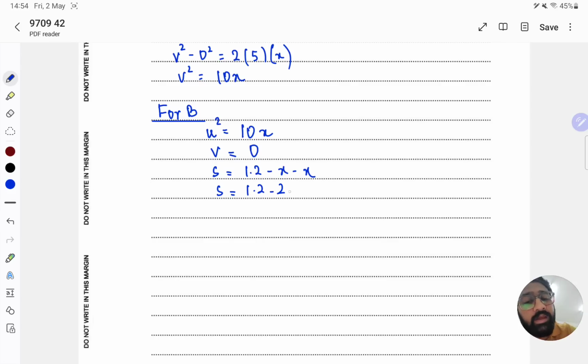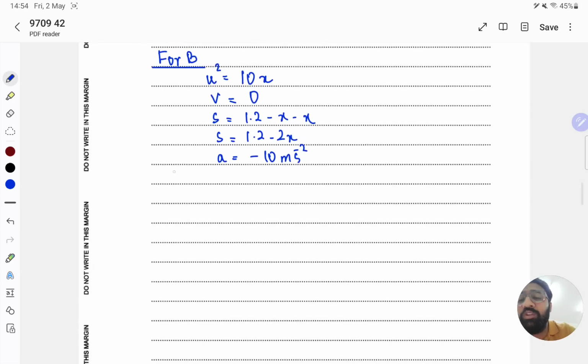So 1.2 minus 2x will be the distance, and the acceleration by which it is going up is going to be minus 10 meters per second square. Now we know that v square minus u square is equal to 2as.